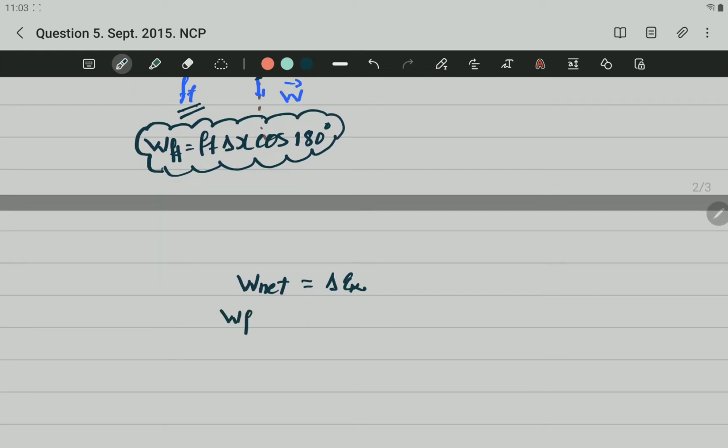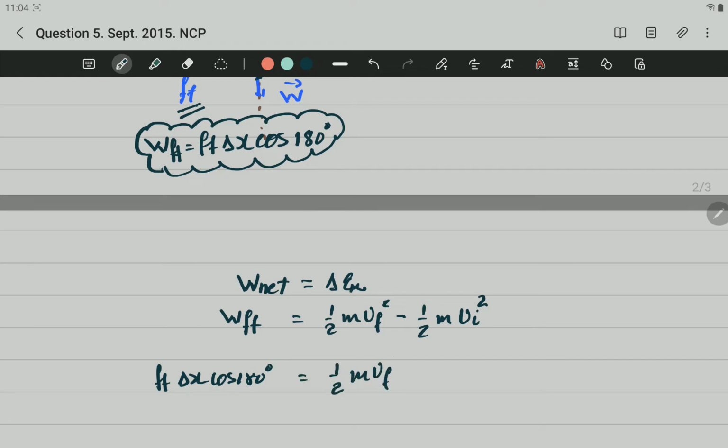Only the work done by frictional force, and this is equal to half mass final speed squared minus half mass initial speed squared. So for the work done by frictional force, we can substitute the formula, and we have that frictional force multiplied by displacement multiplied by the cosine of 180 degrees is going to be equal to half mass final speed squared minus half mass initial speed squared.